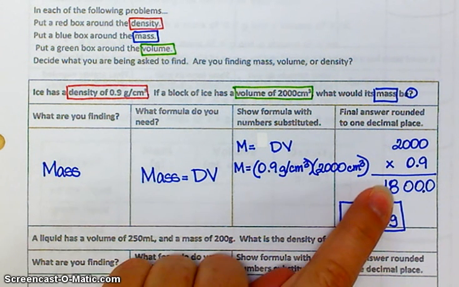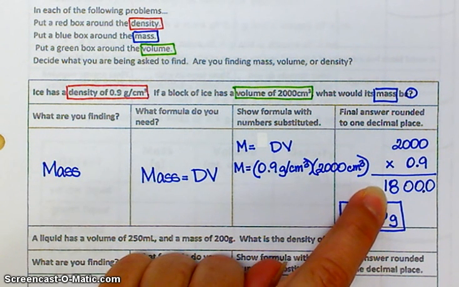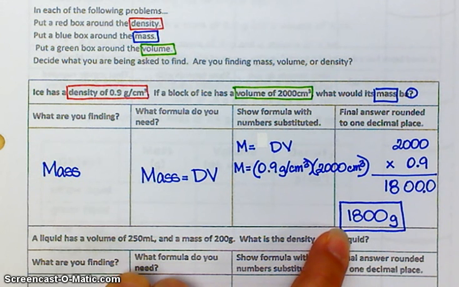Then I did my actual math, my multiplication. You don't get to use a calculator because you don't get to use one in the spring on the STAR test. Do the math and then show me the answer. Since it is a mass, it needs the units grams, so 1,800 grams. Then I put a box around my answer so that I can find it.